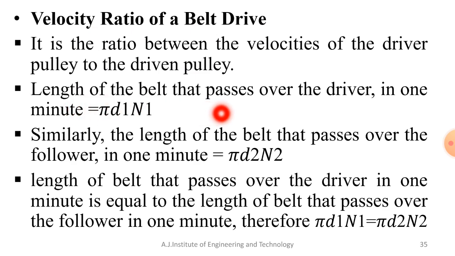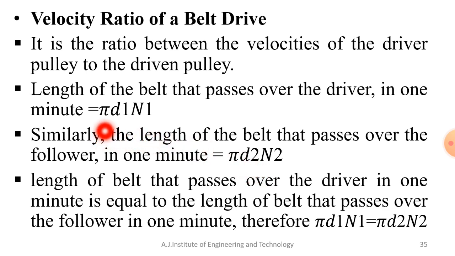The length of the belt that passes over the driver in 1 minute is given by pi d1 n1. Pi into d is nothing but the circumference of the pulley, where d is the diameter. Here 1 stands for the driver and 2 stands for the follower or driven.